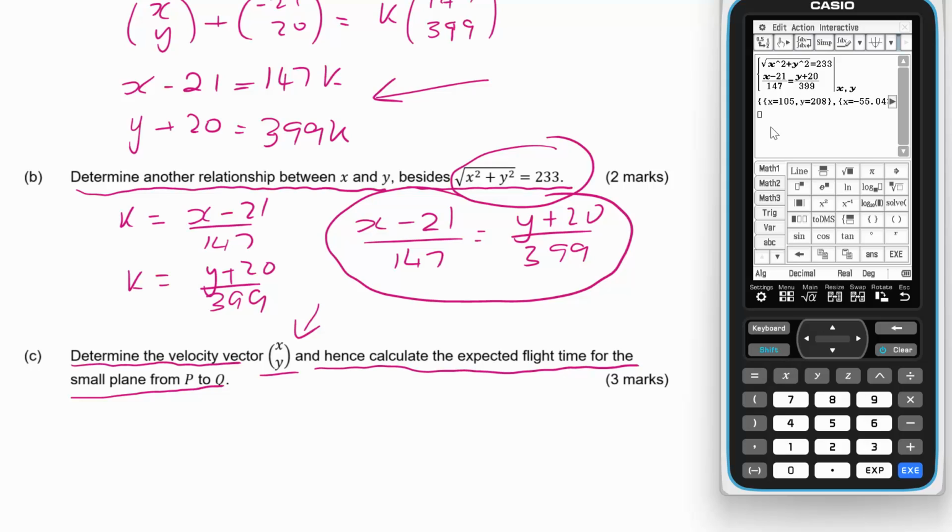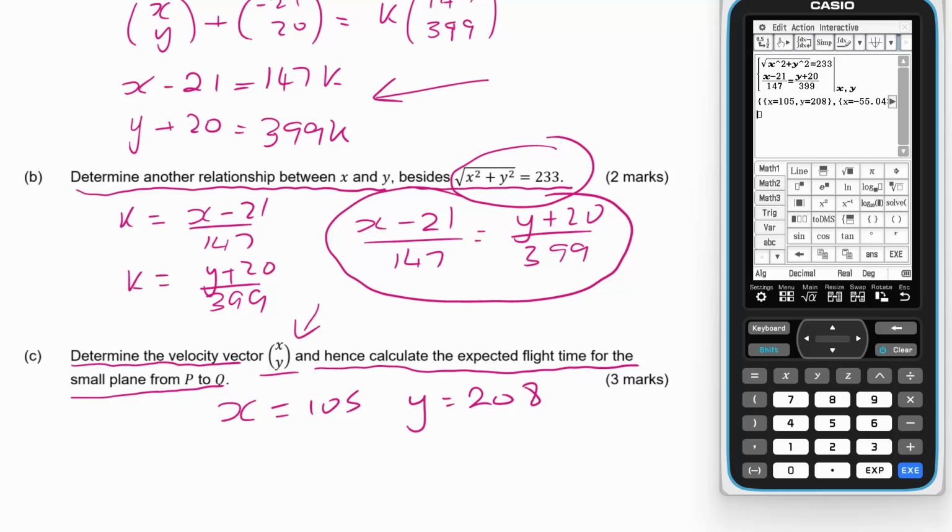And the one we want is this first one here. We can see clearly from the diagram that we drew in the first place that x and y go in those directions. So we get x is equal to 105 and y is equal to 208.